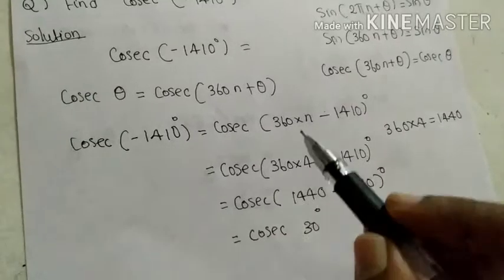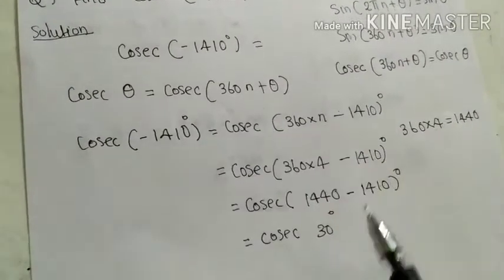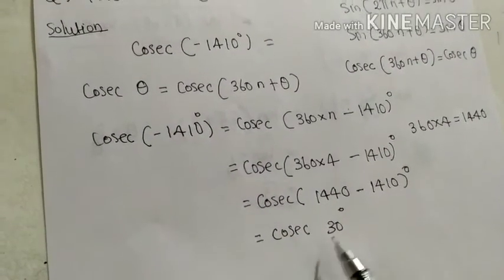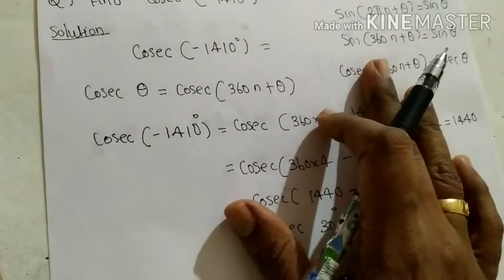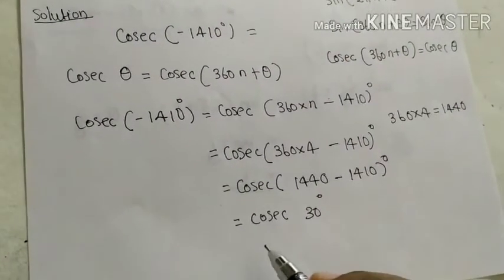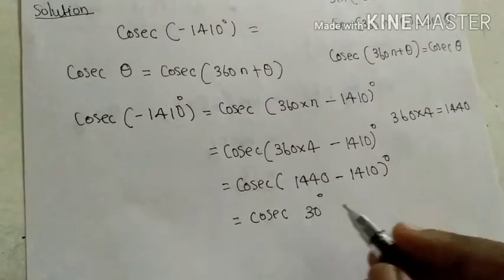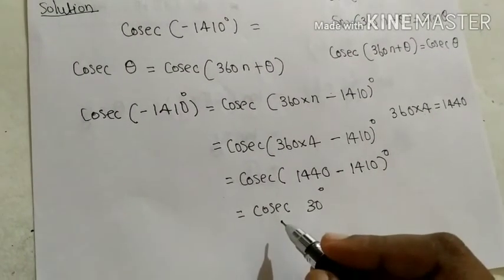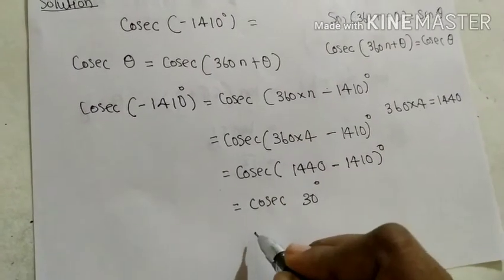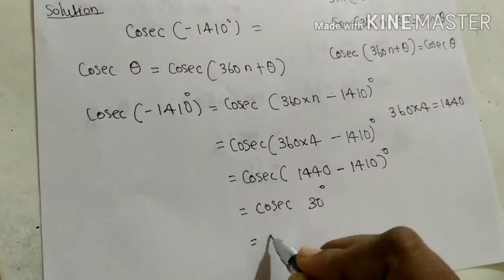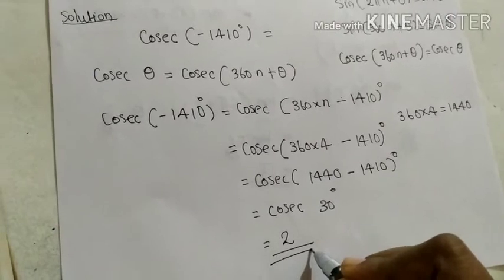So we convert this negative form into a positive term by using these steps. Okay, so we know that the value of sine 30 is 1 by 2. So the reciprocal of sine 30 is cosec 30, that is, the value of cosec 30 is 2.